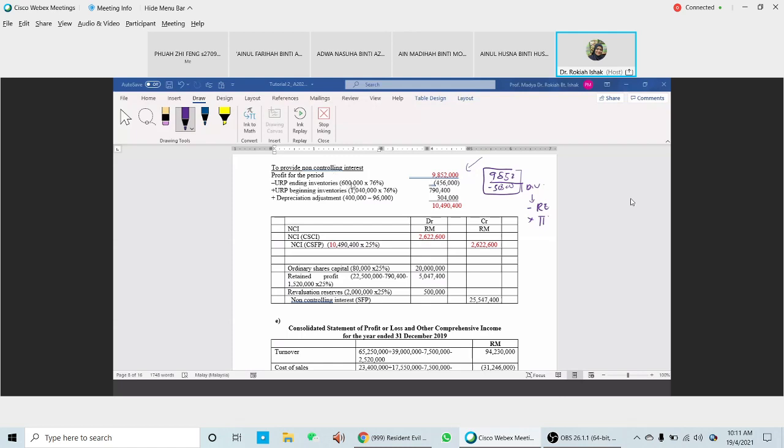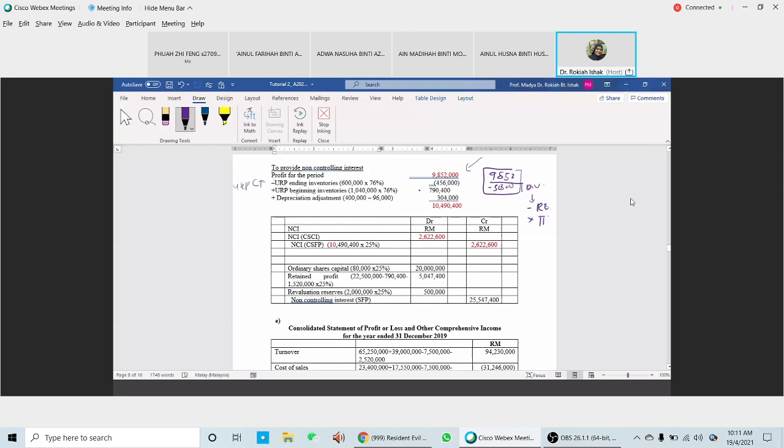For the NCI, we use the profit for the year without deducting dividend, just the profit given in the question, which is 9852. From the 9852, we minus the URP carry forward.